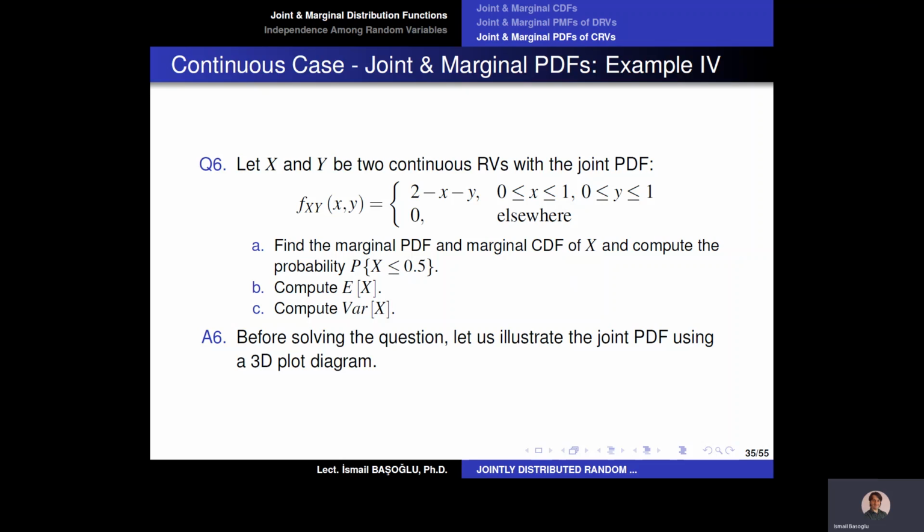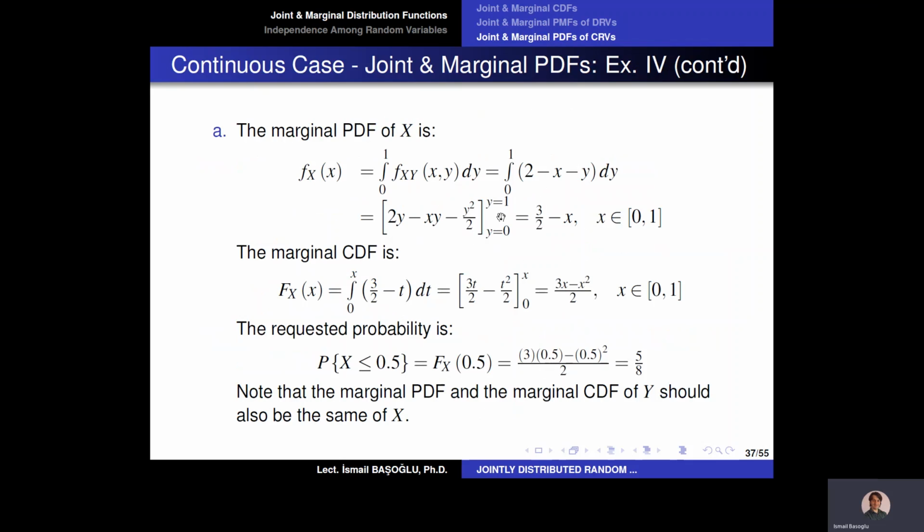Therefore, if somebody asks you the marginal PDF or the marginal CDF for random variable y, you can easily answer that they should also be the same as the marginal PDF and marginal CDF of x. Why? Because all of these operations will be done for y this time, and again you are going to get the same values.